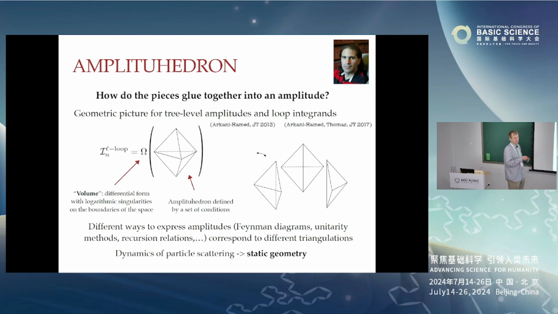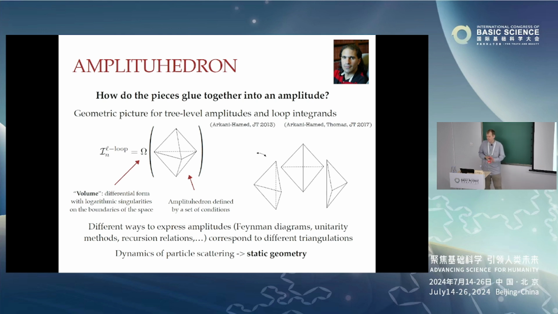Now if you break it into pieces, you triangulate this geometry, you get an expansion of the amplitude using, for example, these on-shell diagrams, recursion relations, or Feynman diagrams. With Feynman diagrams, you have to break it into many, many pieces. It's a very inefficient way to triangulate the geometry, but it's a possible way. So it's also a legitimate triangulation. Here, geometrically, it's easy to see why these recursion relations are very efficient, because it's the most efficient way to break the geometry into pieces. But in principle, there are different ways to express the amplitude.